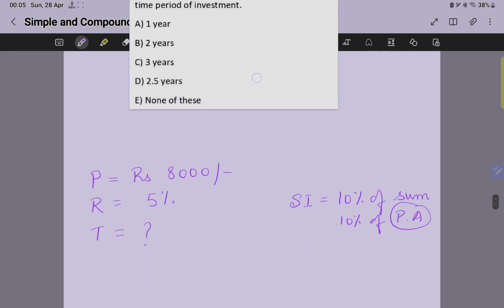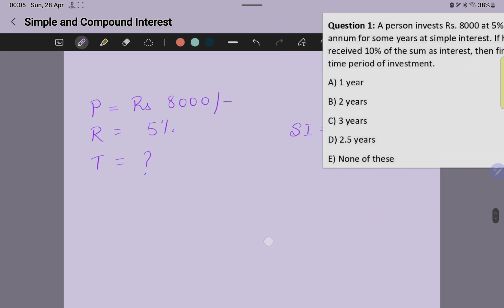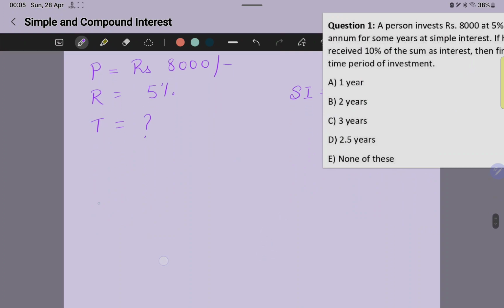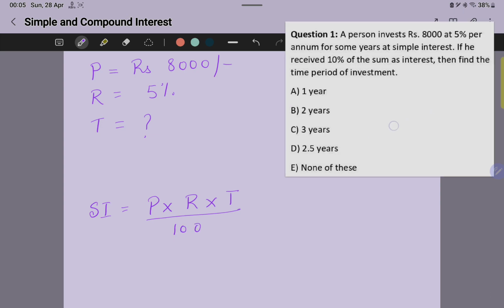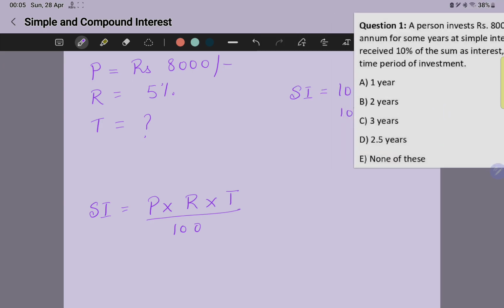So now if we solve this question, first of all we write the formula, that is simple interest is equal to P into R into T upon 100. As it is not mentioned about the total amount, it's only the simple interest, so we'll be using the formula of simple interest.